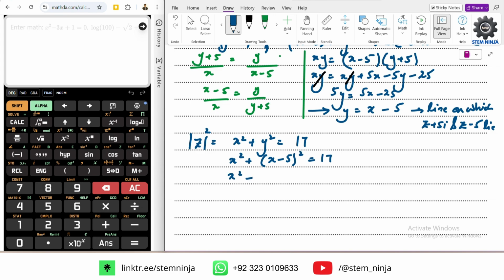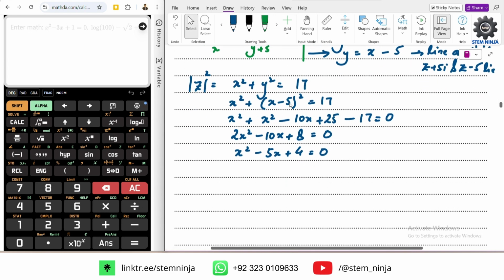So x squared plus x squared minus 10x plus 25 minus 17 equals 0. This becomes 2x squared minus 10x plus 8 equals 0, which can be further simplified to x squared minus 5x plus 4.